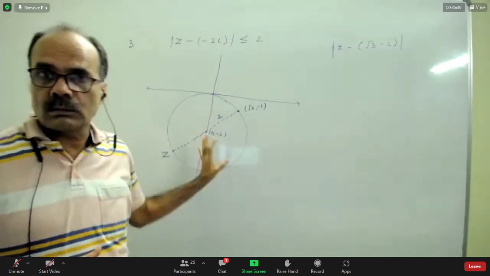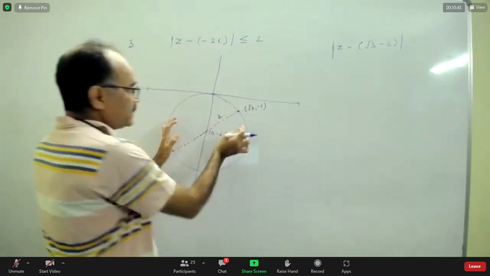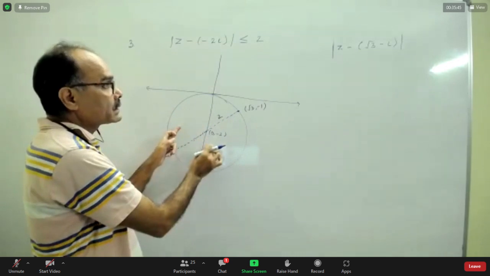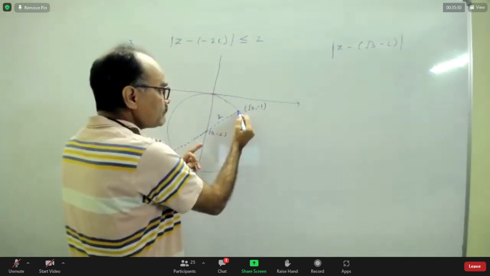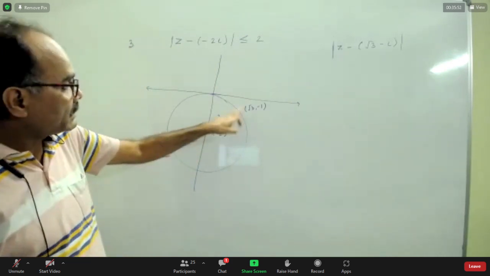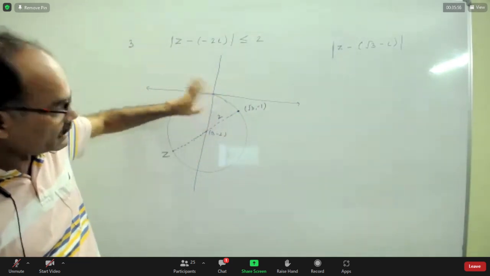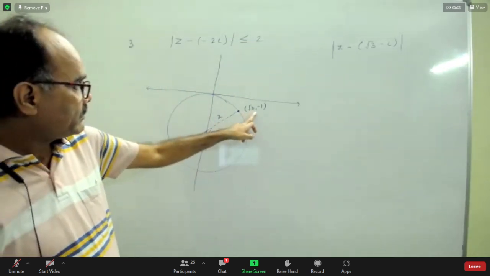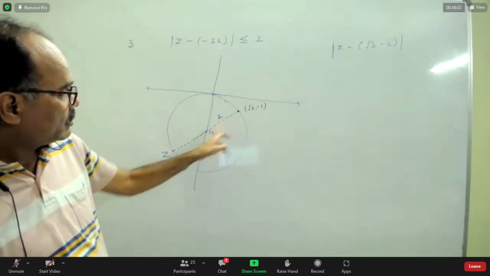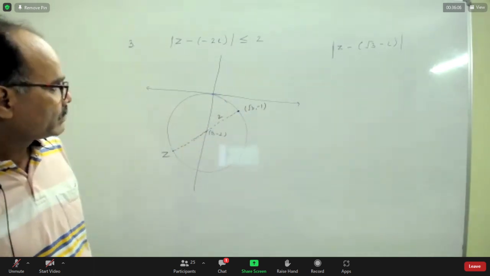Now, the distance from z, meaning any point on the circle or inside the circle, to the point root 3, minus 1. And root 3, minus 1 lies on the circle because the distance from this point to the center is 2. Root 3 squared plus 1 is 4, so the distance is 2. Correct.